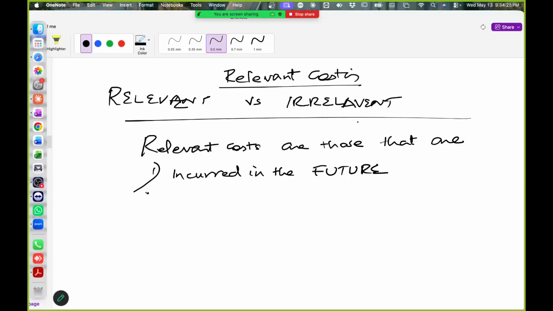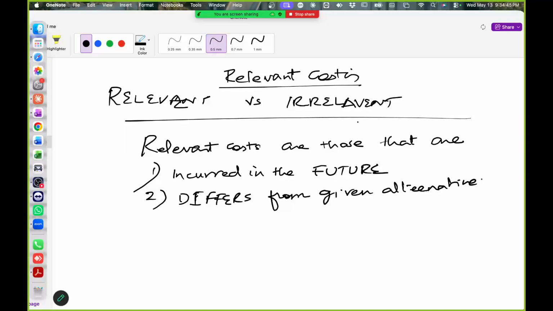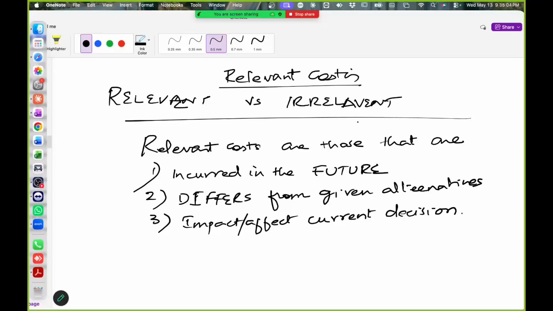Next, that differ from the given alternative. Third, that impact or affect the current decision.